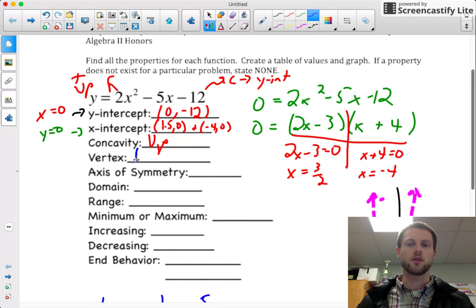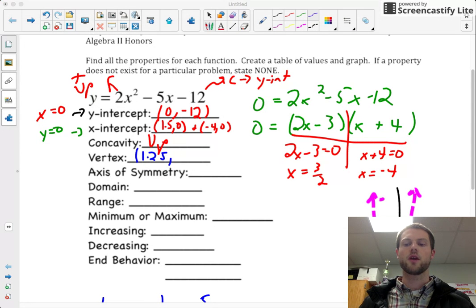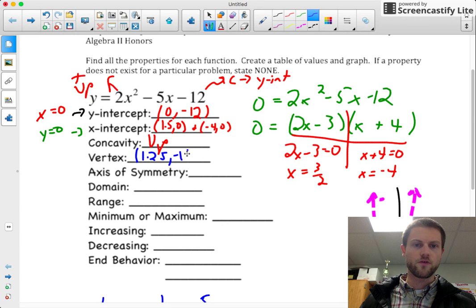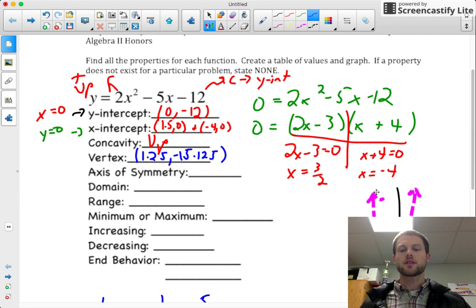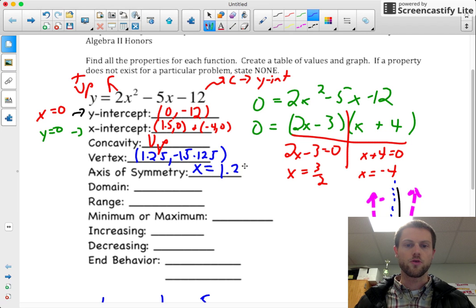So right now I have a vertex of (1.25, and then I'm going to plug in my x value into both of these spots and evaluate my y. I did that beforehand, so you don't have to watch me do that. And I came out with a negative 15.125. As far as the axis of symmetry, that's always going to go through the vertex. So it's a vertical line going through the vertex, x equals 1.25.